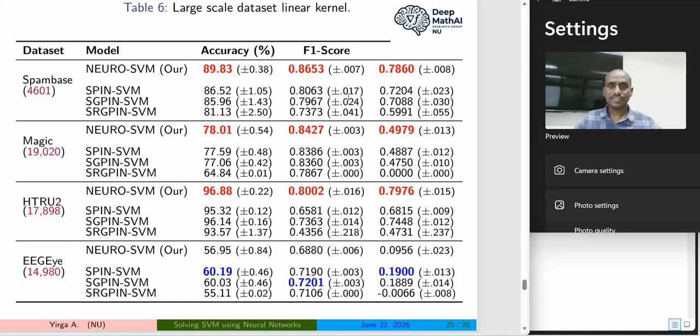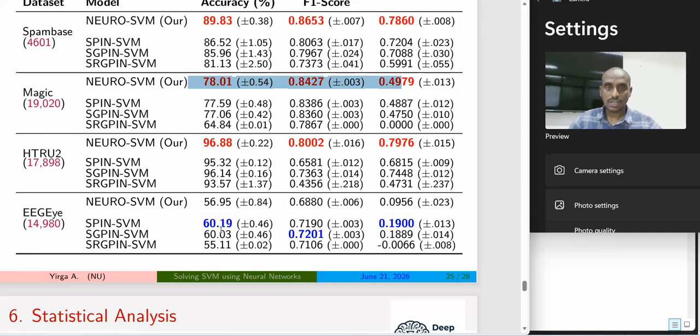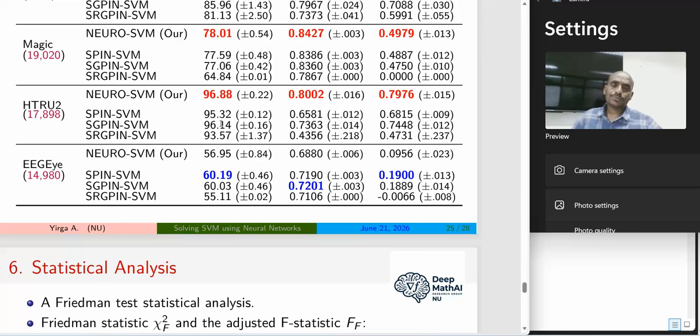In this case, our model wins in 3 of the 4 datasets. The red ones are for our model, and the blue ones are the points where our model lost. So it's only on one dataset that our model lost in this experiment. Generally our model performs better than the existing models.